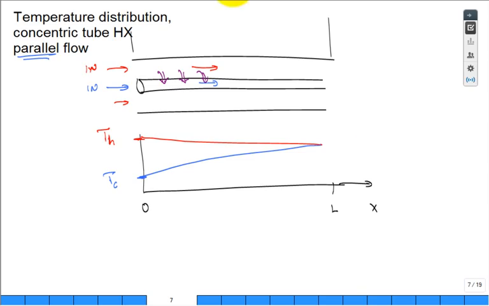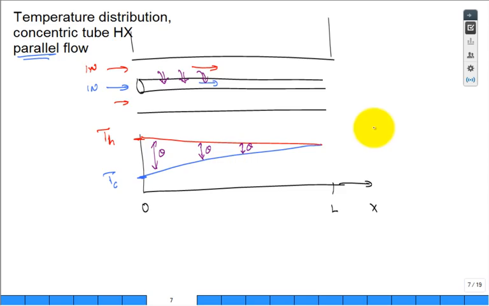And then you think, well, this temperature difference, we've used the symbol theta, is going down, down, down. And that local temperature difference is what drives the local rate of heat transfer from the hot to the cold, doesn't it?